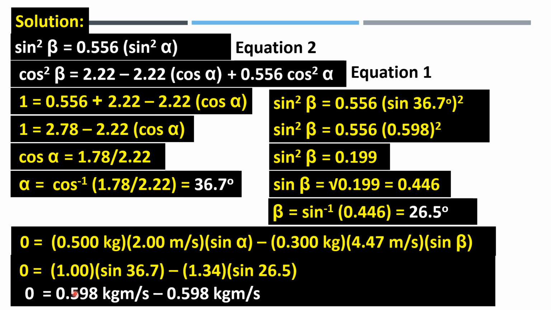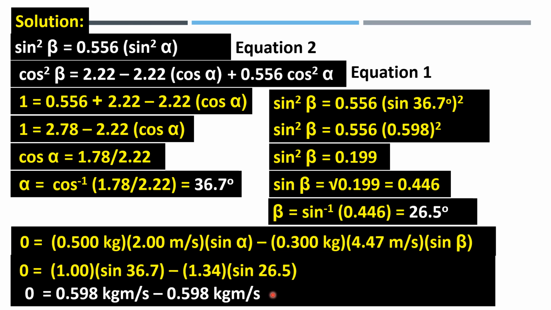In other words, when you subtract them, all right, what we get is 0. So that validates our conservation of momentum, the law of conservation of momentum as applied to the y component.